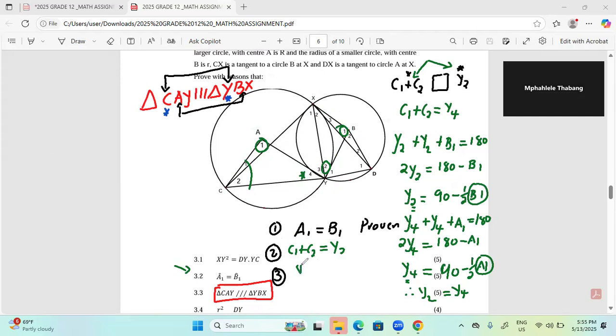So Y4 equals X2 plus X3. What this is, the third angles of the triangles. Therefore, the triangle CAY is similar to the triangle YBX.